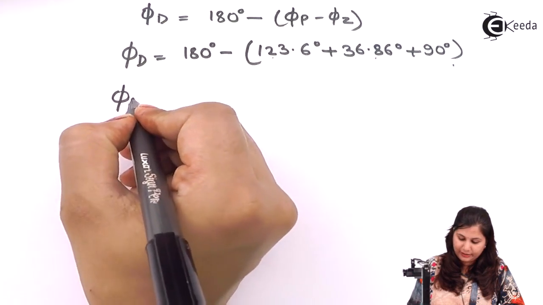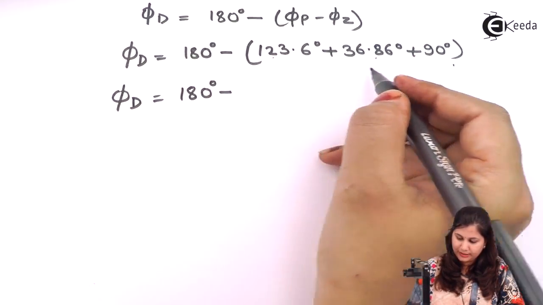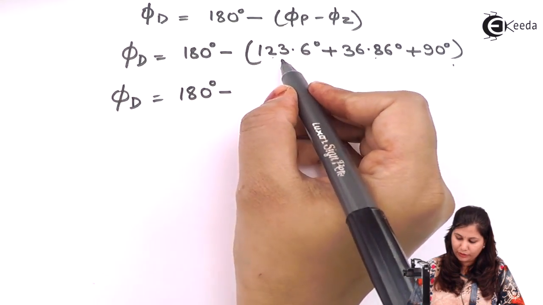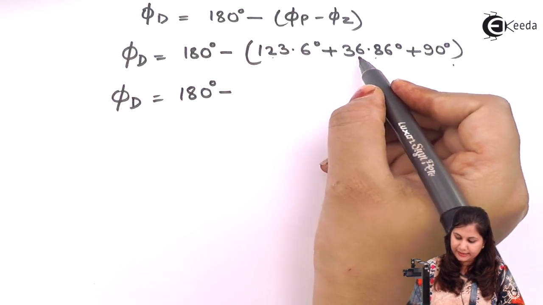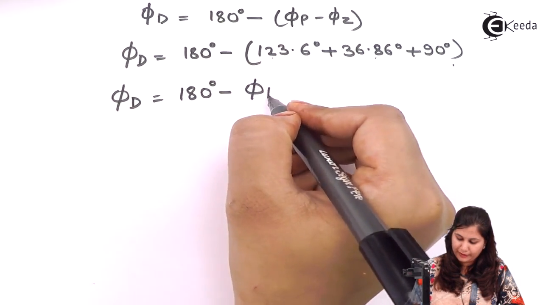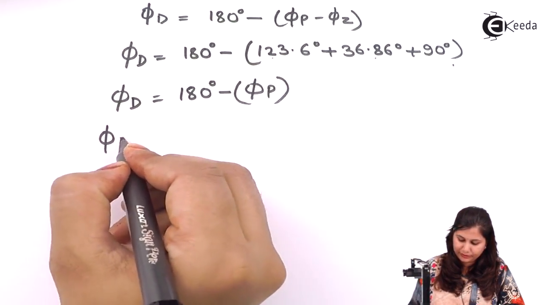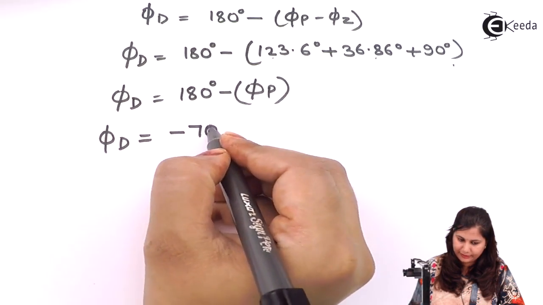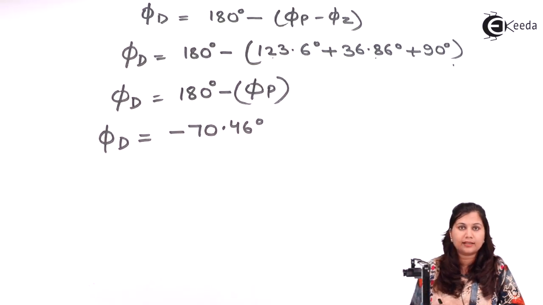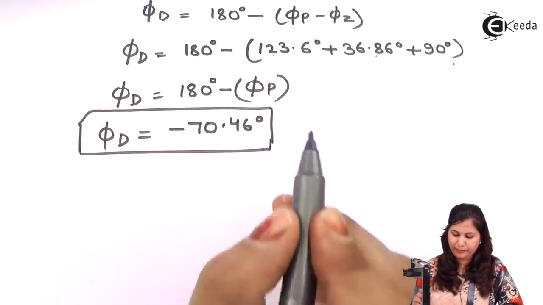Now phi d will be 180 degrees minus this sum, the sum of phi p. Then phi d will come out to be minus 70.46 degrees.